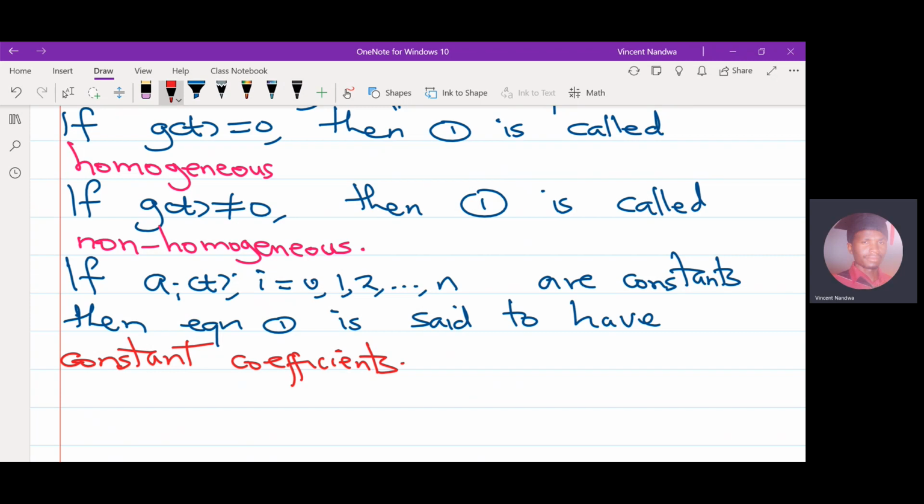If all the values of ai's are numbers, or simply real numbers or constants, then equation 1 is said to have constant coefficients.